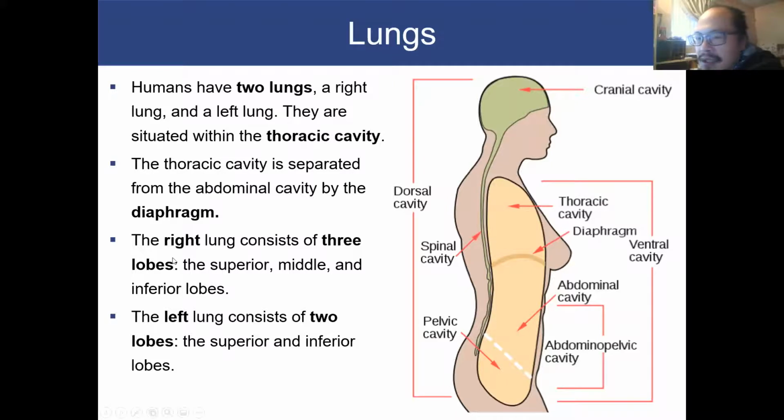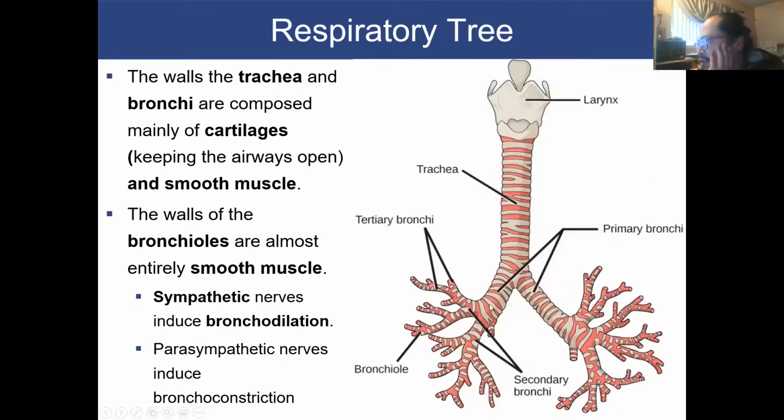Now, another thing is that the lung is not just uniformly two lungs. Lung has different lobes, okay? The right lung has 3 lobes. Basically the idea about the lobe is that when we have this branch, it provides air into this lobe, and here is another territory. To be more specific, we have different segments of the lung.